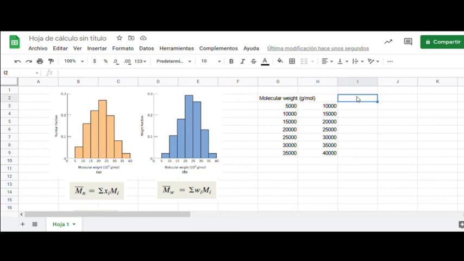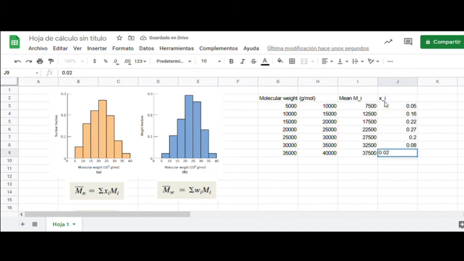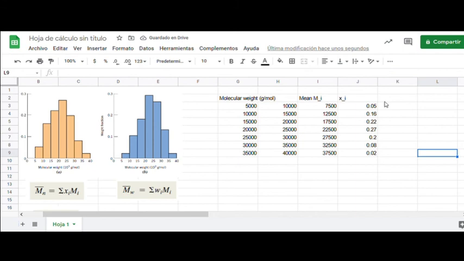So we calculate the mean m sub i. And then we get the number fraction we have, which is x sub i, from the graph.